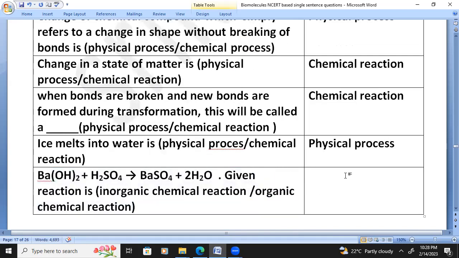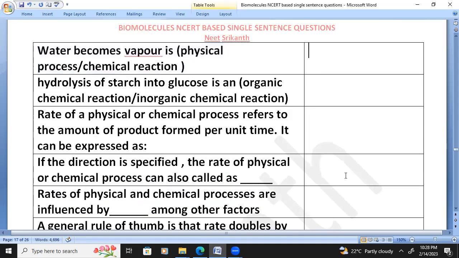Ba(OH)2 plus H2SO4 forming BaSO4, barium sulfate, and water is an inorganic chemical reaction. Water becomes vapor is a physical process. Hydrolysis of starch into glucose is an organic chemical reaction.